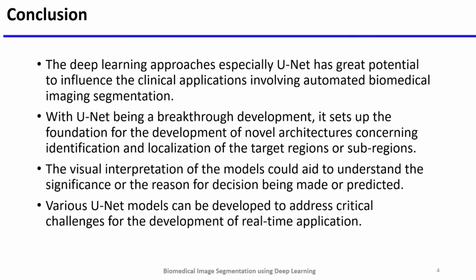Due to its flexible structure, more efficient variants of UNet can be introduced by integrating various state-of-the-art deep learning models and training strategies. These models can be easily interpreted with the help of visualization techniques such as class activation maps and uncertainty maps. More emphasis can also be given towards realization of the developed models for real-time application.